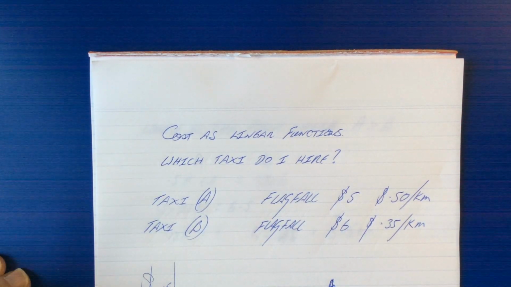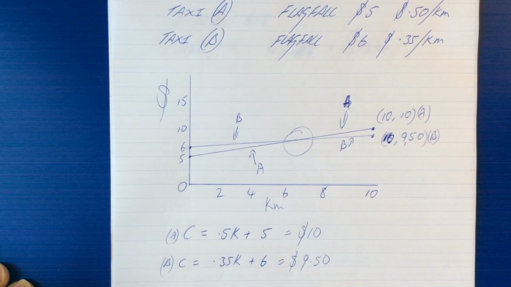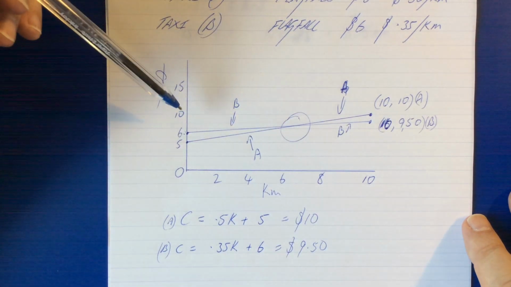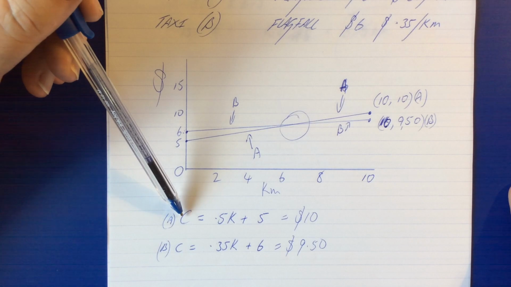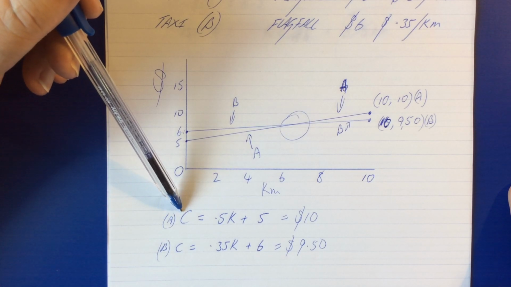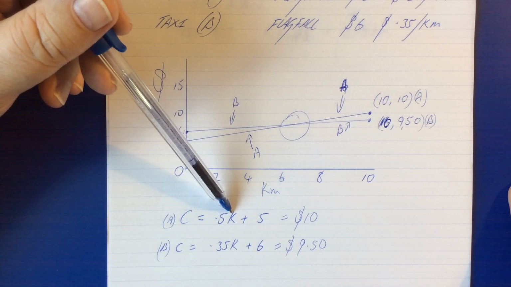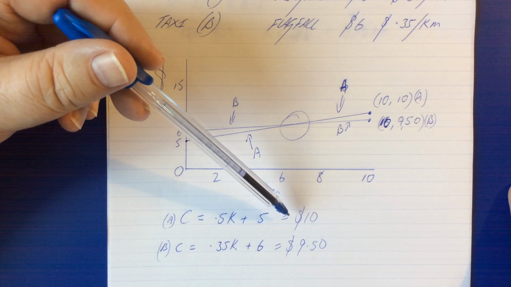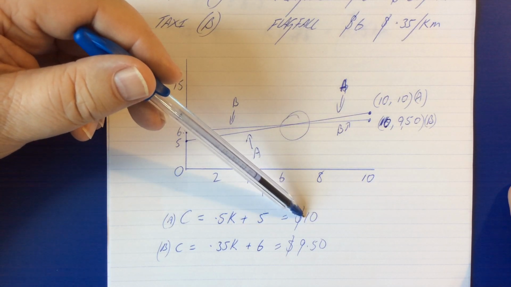Okay, so if we graph those, having converted them into linear functions, we get something that looks like this, and there's a little bit of explaining to do here. The cost function for taxi A: cost is equal to 0.5 times the number of kilometres plus $5, which if I put 10 kilometres into this, I get $10.